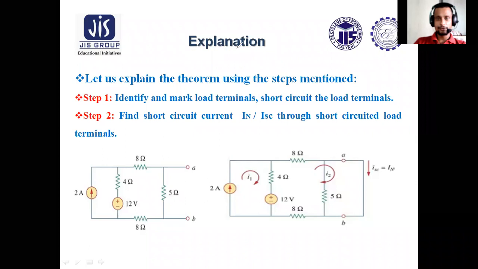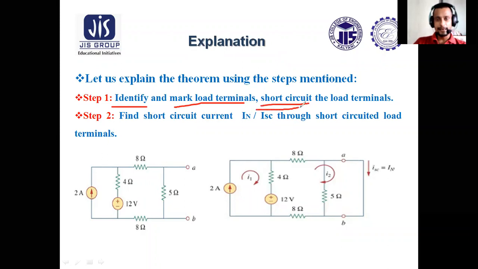See, the first step is to identify and mark the load terminals. In case of Thevenin's theorem, we also identified and marked load terminals. Then we removed the load and found VTH. Here what will we do? Here this is the change.